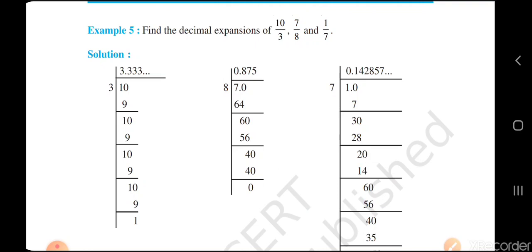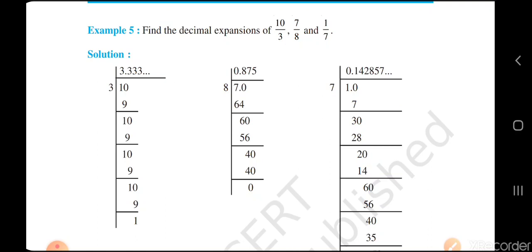Here we notice that the remainders either become 0 after a certain stage or start repeating themselves. In 7 upon 8 the remainder becomes 0 after a finite stage, and in 10 upon 3 and 1 upon 7 the remainders start repeating themselves.